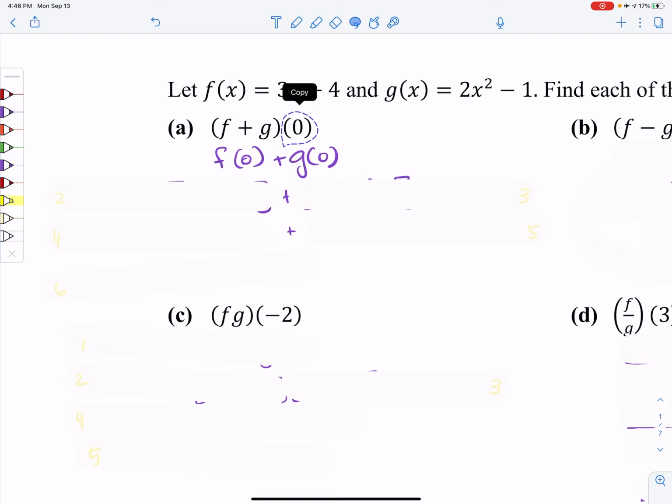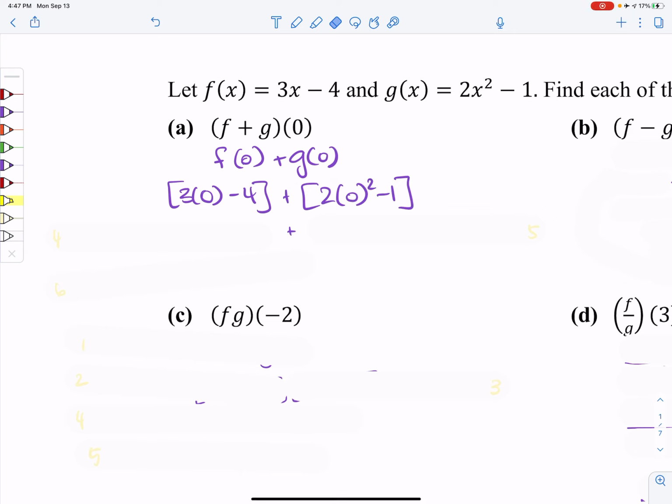We all know how to find f of 0. All we need to do is take 0 and plug it in for all of the x's in the f function. So it looks like that, and I do keep it separated by a set of brackets. And then the second thing we're going to do is take our g function and plug 0 in for all of the x values there.